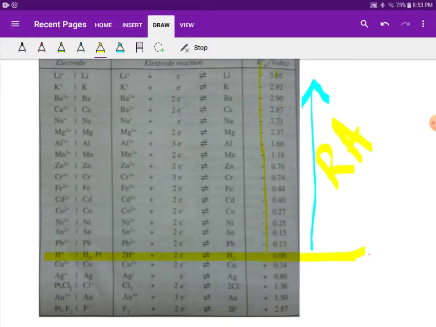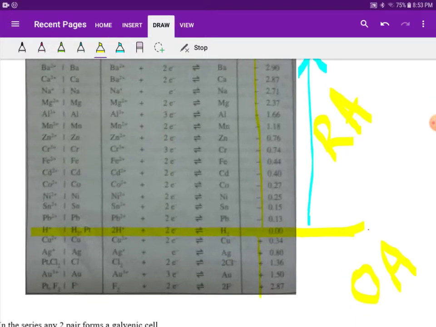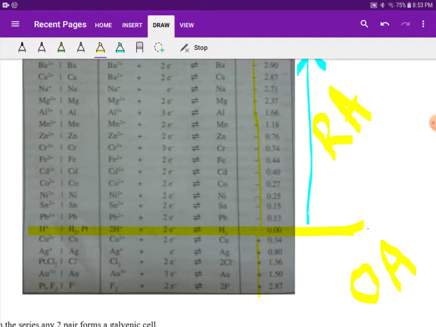Those metal ions with positive values of reduction potential are powerful oxidizing agents, since they are more easily reducible than hydrogen. So that is the peculiarity of the electrochemical series.